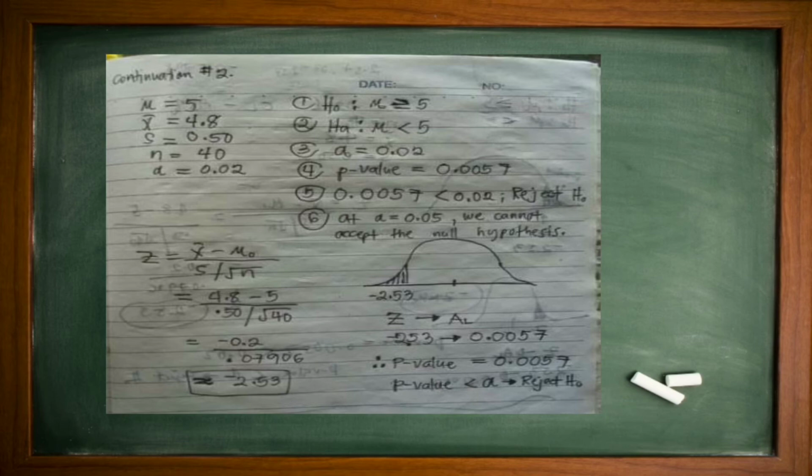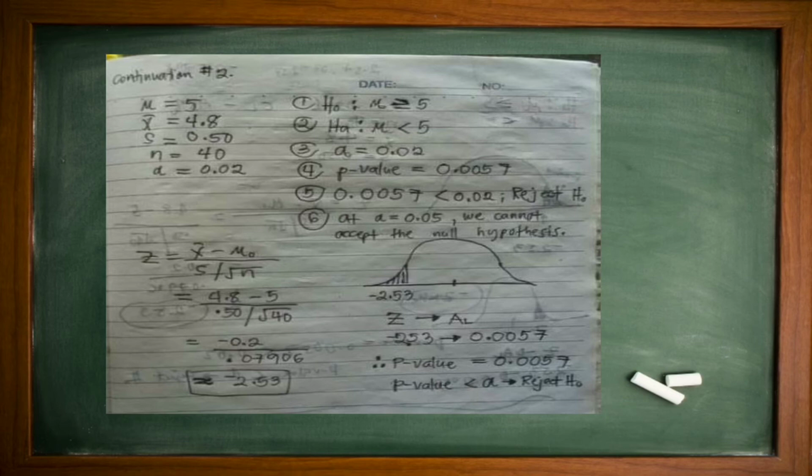So ayan po, kung makikita nyo po. And then sa baba po niya is merong negative 2.53. So ayan po yung ating critical z value. Since less than or left tail yung ginamit natin, automatic, negative po yung ilalagay natin dyan.